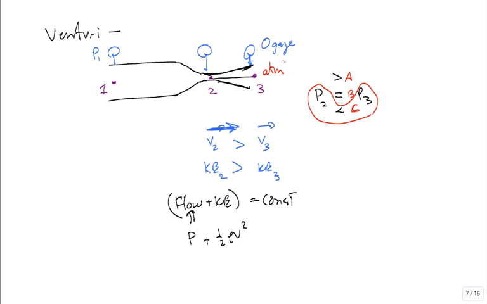So what they do is they put a little tube down from the throat that connects into the throat, and they put that tube into a bowl of some fluid. And what do you think happens to the fluid in that bowl where the tube dips in?